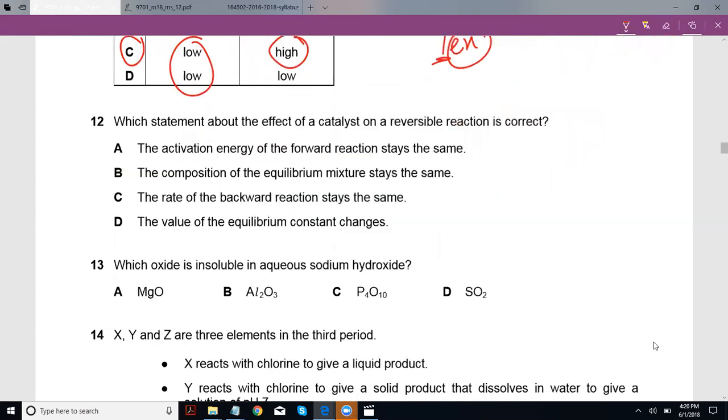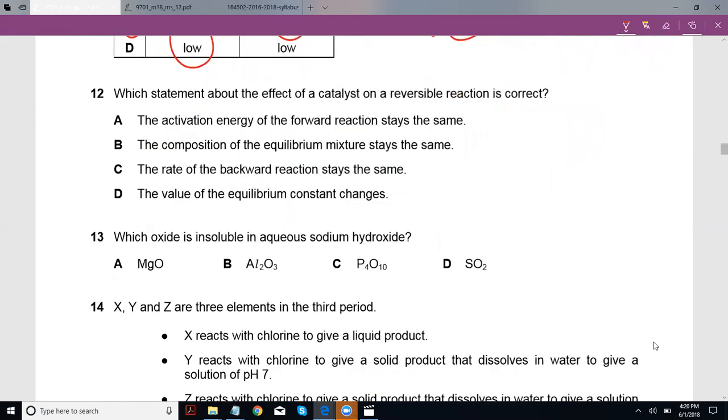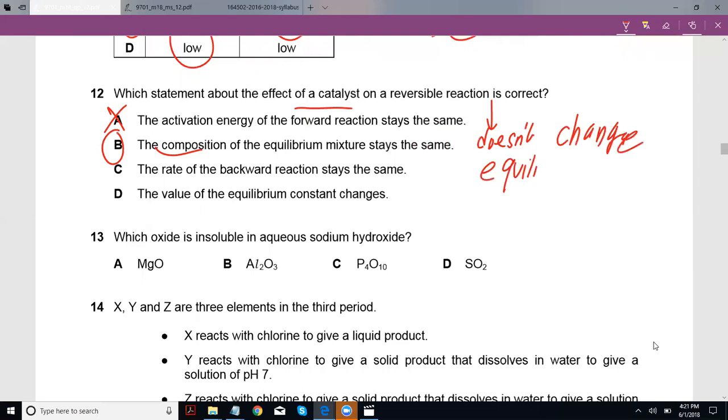Question 12. Which statement about the effect of a catalyst on a reversible reaction is correct? A catalyst reduces activation energy. The composition of the equilibrium mixture remains the same because it doesn't change the equilibrium position.